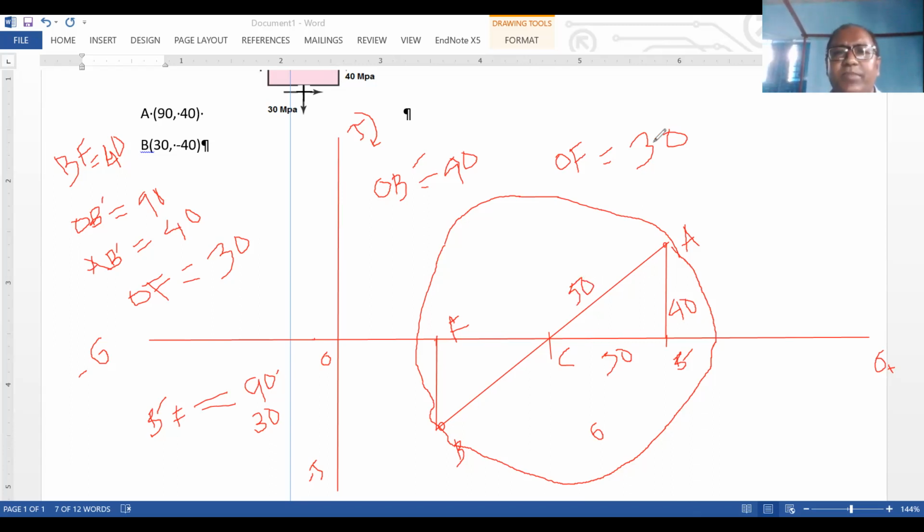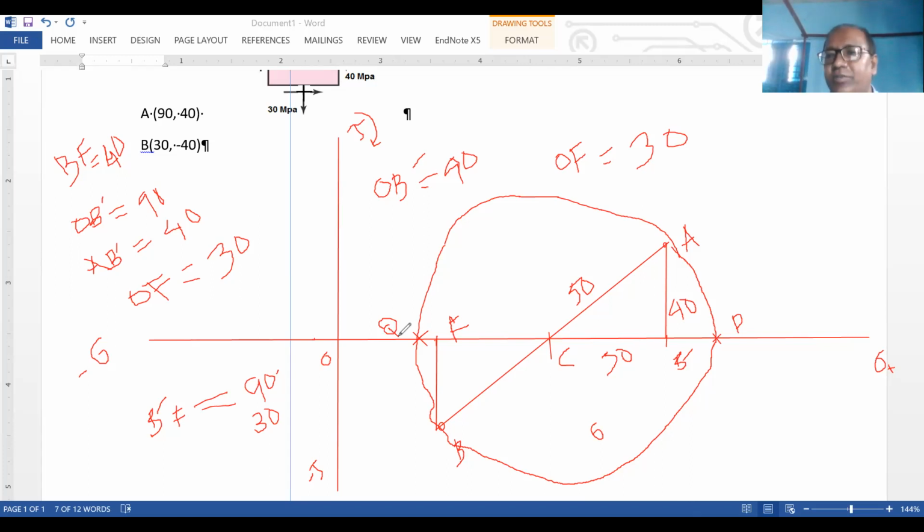Now your problem is done. How? At first, you look at the x-axis. You see the circle intersects the x-axis at this point and this point. If you say this is P, any letter you can say, this is P, this is Q. You just figure out the P coordinate and Q coordinate.